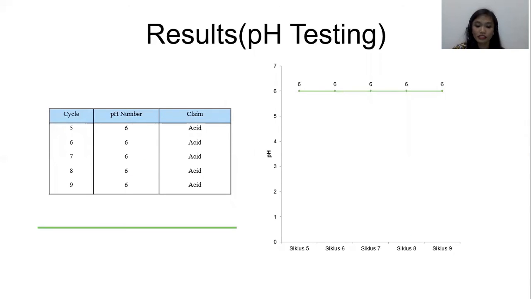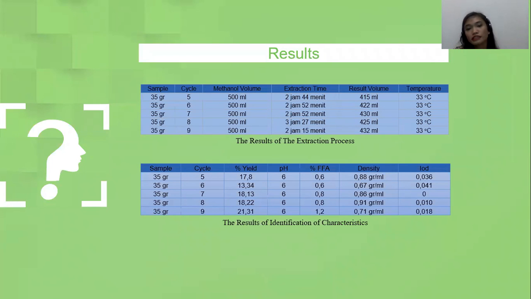The oil result from the plant fruit has a pH of 6, which indicates that the oil is acidic. This is the result from the 5 variant circles.